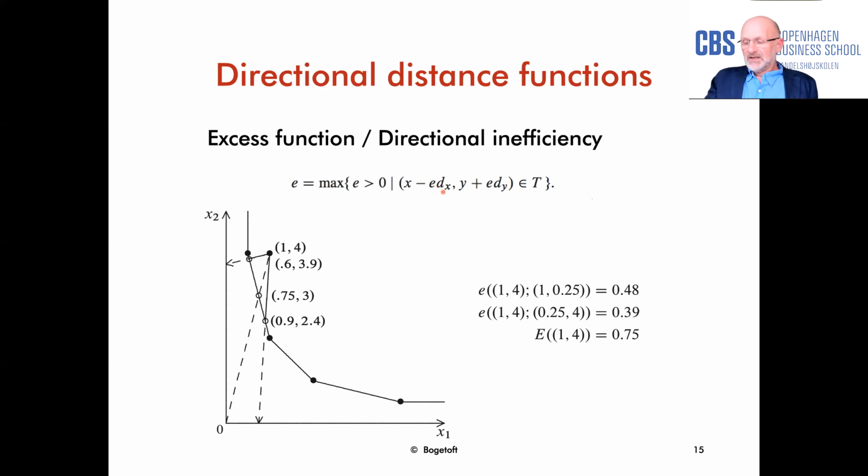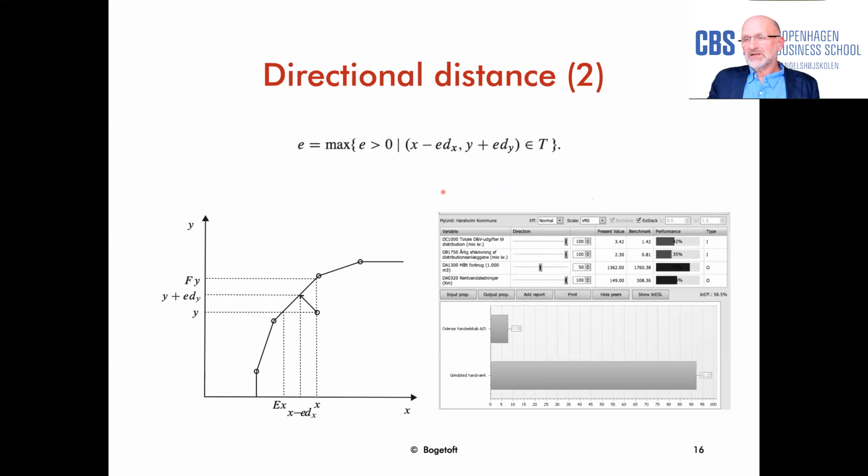This way of thinking is actually precisely the way that we think in the interactive benchmarking that you might have tried and which was described in the presentation on the introduction to benchmarking. There we allow for movement in both directions, on the input side and the output side, which was actually also the idea of the original Luenberger one.